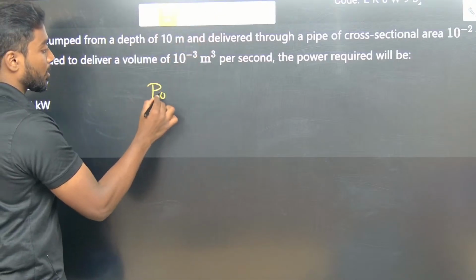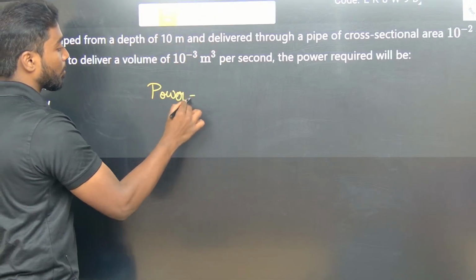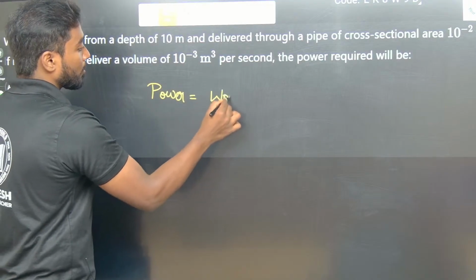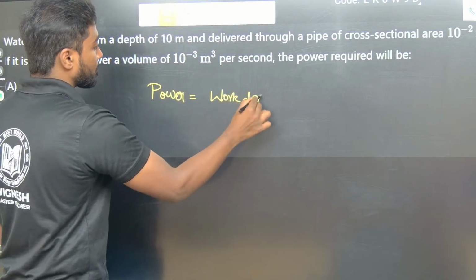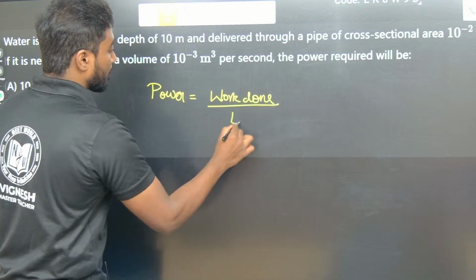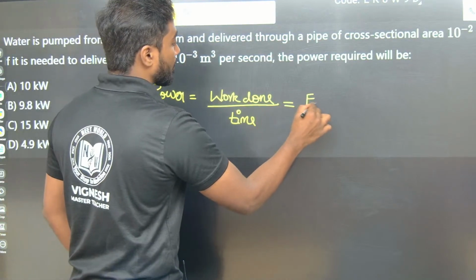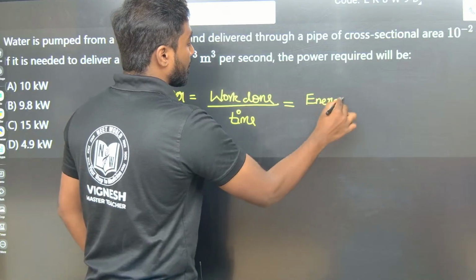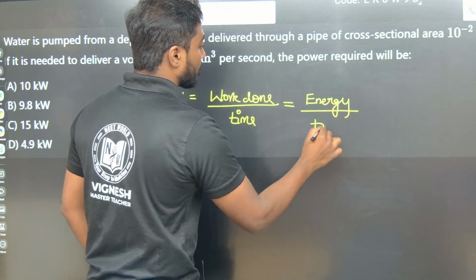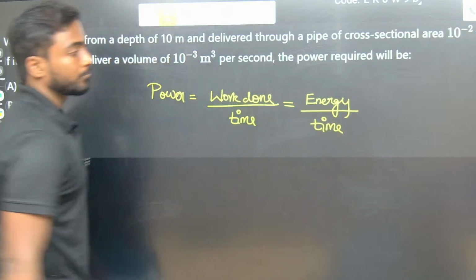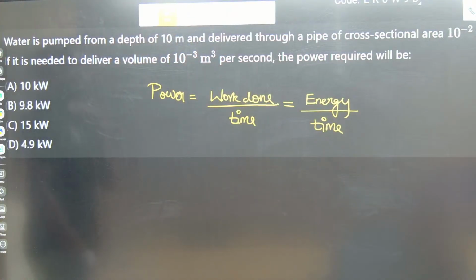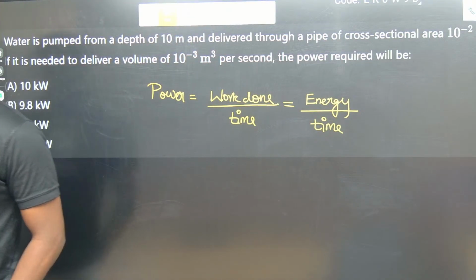Power is equal to work done by time, or else we will say energy by time. Both are correct, work done by time or energy by time.